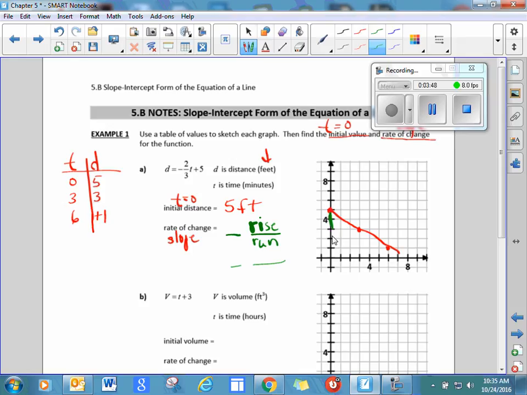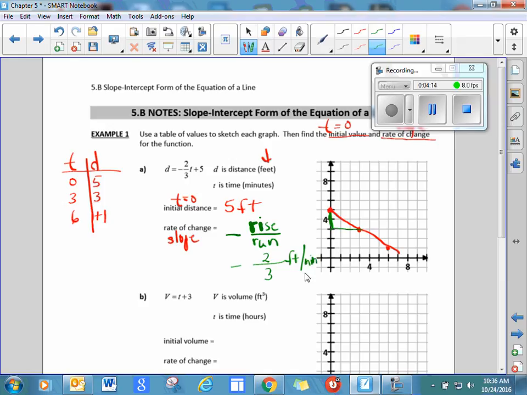In this case, we can think of it as a fall from one point to the next. That's 2. And how much do we run from one point to the next? 1, 2, 3. So the slope or the rate of change is -2 over 3, and we always have to add the units back when we're dealing with a formula like this. So that is feet per minute.